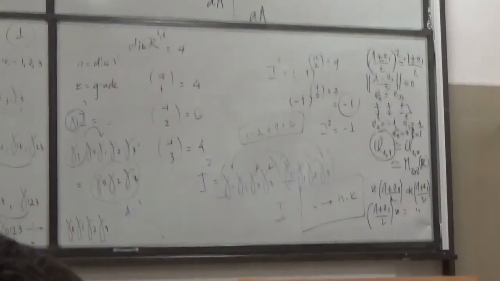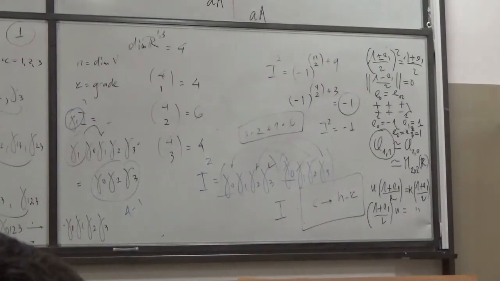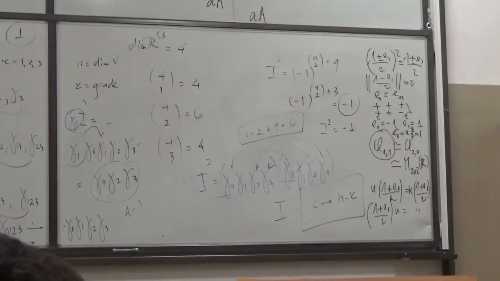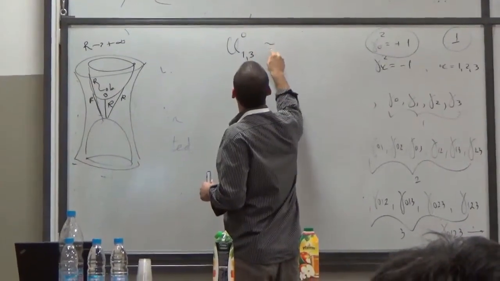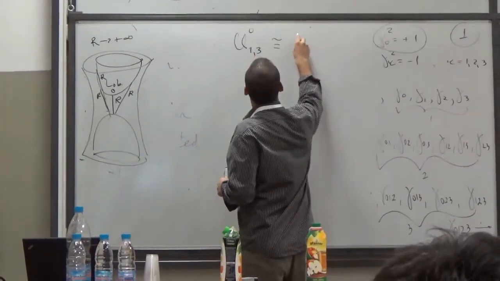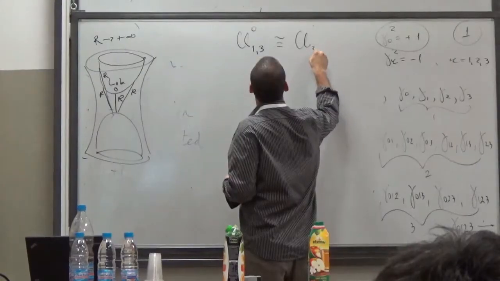Now, to make things a little simpler, let's just take the fixed points of the principal involution, that is the so-called even subalgebra. This is the space-time algebra.